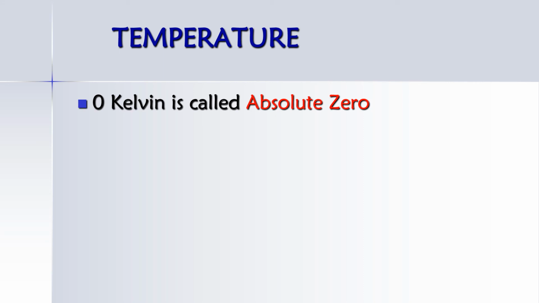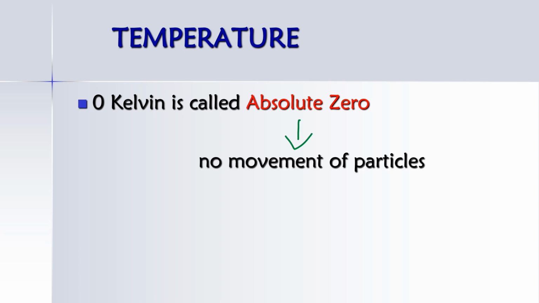And 0 Kelvin is the lowest temperature that can ever be out there, even though it's not very attainable. At that temperature, called absolute zero, there is absolutely no movement of particles, which means there is also no kinetic energy, which basically cannot happen in this world because this world is all about motion.